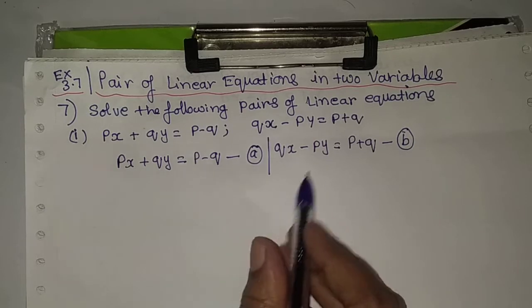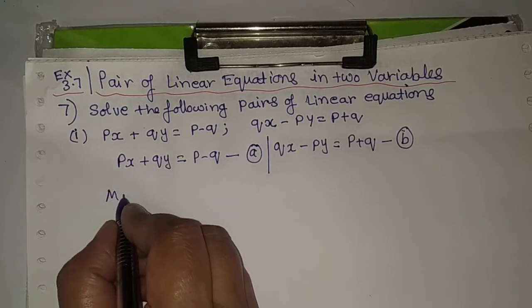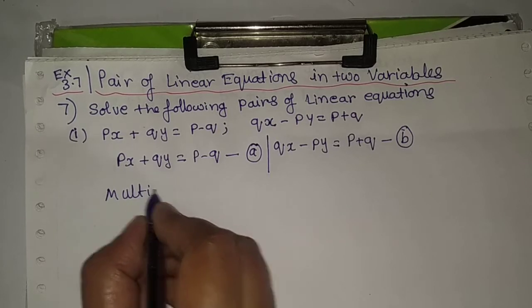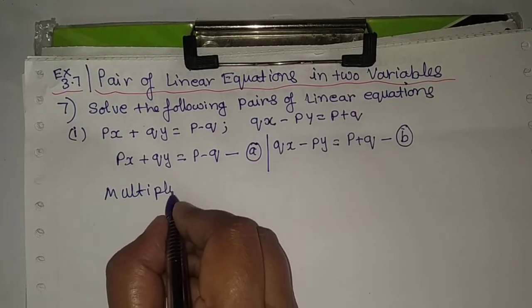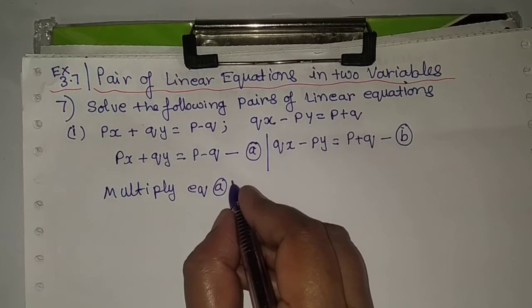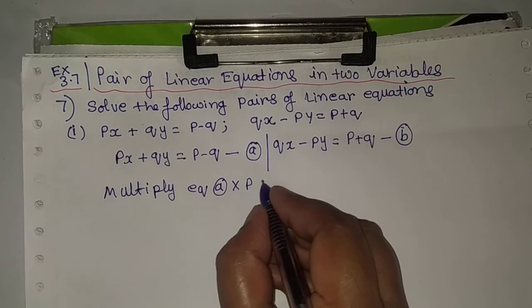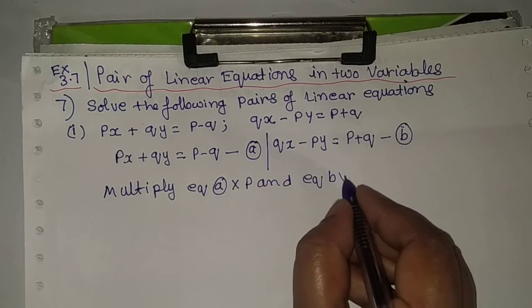Here I am taking this one as A and B. So now, next step, multiply equation A by P and equation B by Q.